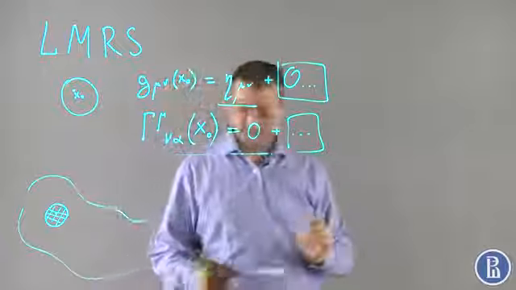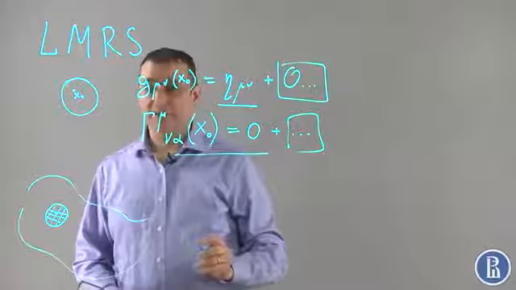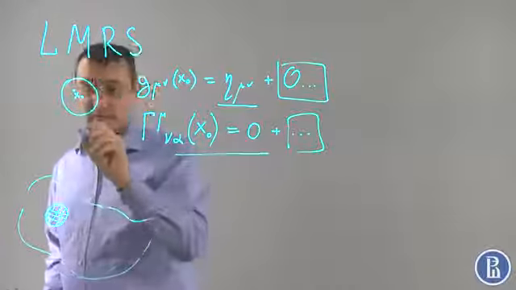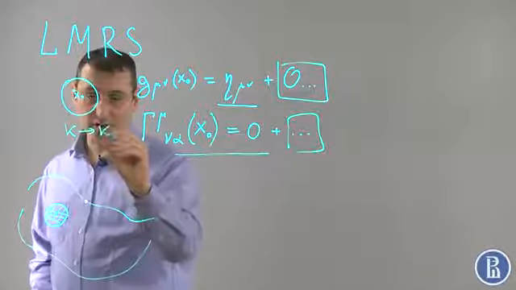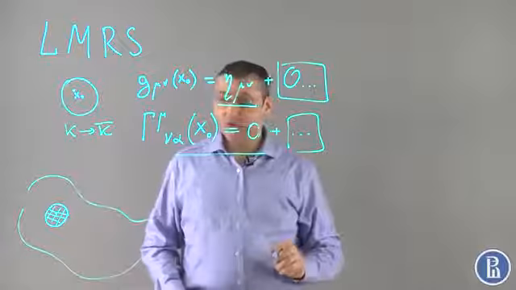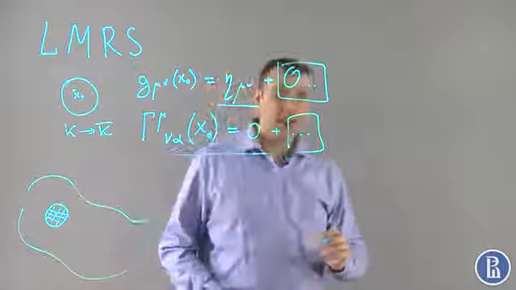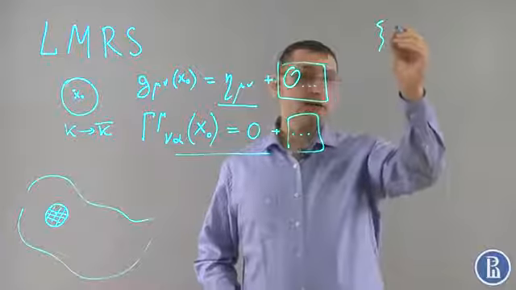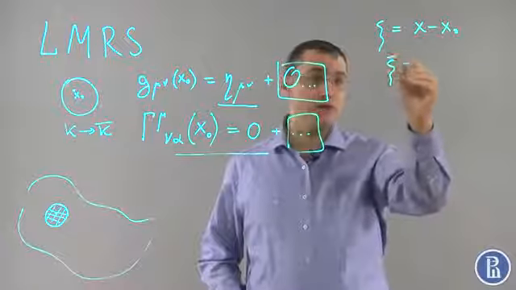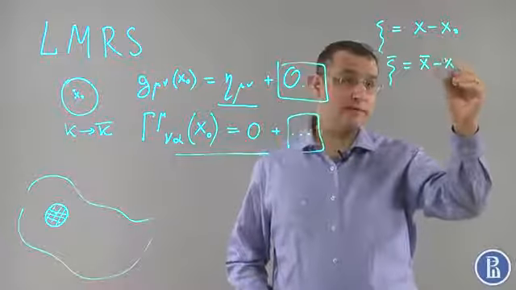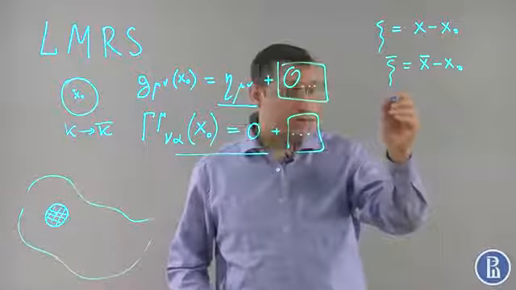So this is just a simple idea lying behind this, but let me explain mathematically how one can do this fixing. Suppose we have two reference systems in the vicinity of this point, the original K and another one, K bar. Let me choose for both of these reference systems the origin at x0 and introduce the coordinate ξ, which is x minus x0, and ξ bar, which is x bar minus x0. Then I do a coordinate transformation from ξ to ξ bar.